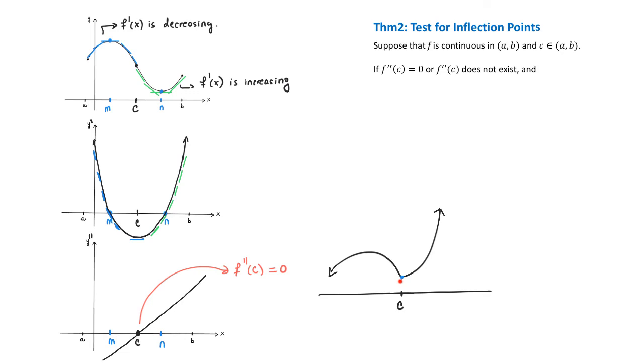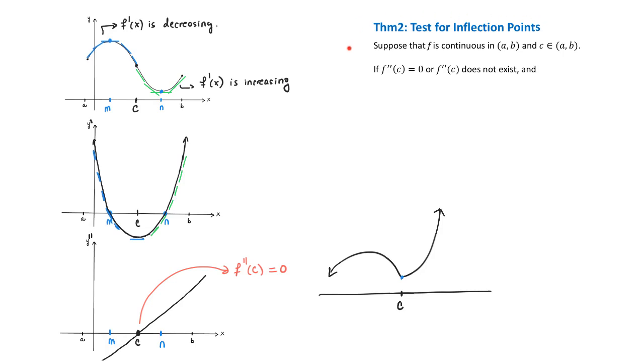Now, it is continuous, right? This is a nice continuous graph, but because of the sharp corner, it's not differentiable at c. However, concavity changes there. In other words, at x equals c, the function is going to have a point of inflection, even though it is not differentiable there.